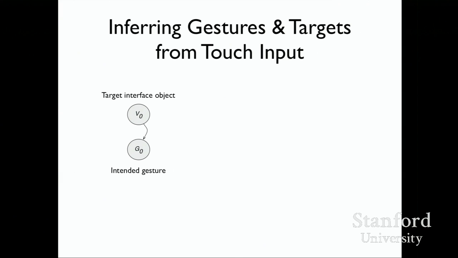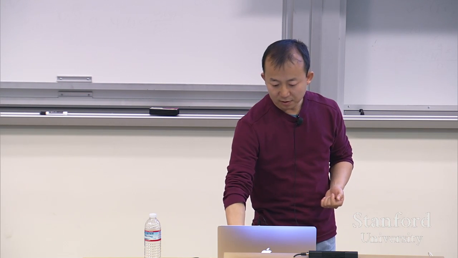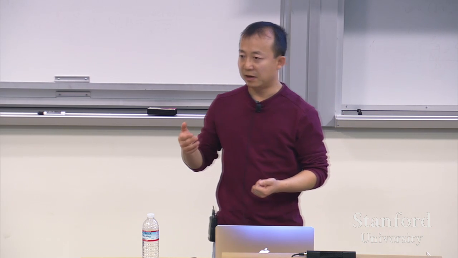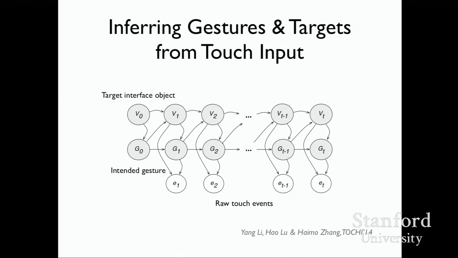The dependency between these two variables captures the semantics that an interface object determines what kind of gesture behaviors should be available. So we designed our model based on a dynamic Bayesian network that infers the current interface object and the gesture from a sequence of raw touch events.